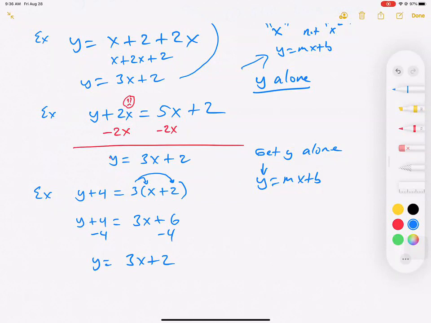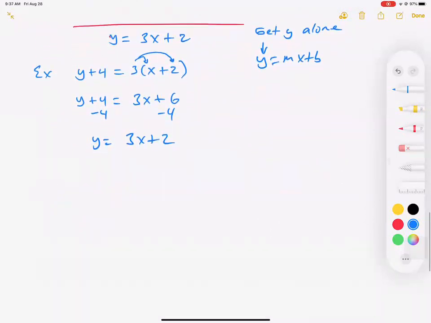I'll make it one step harder with fractions. So this one won't be pretty. This will just be y plus 4 is equal to 3 over 2 times (4x plus 6).